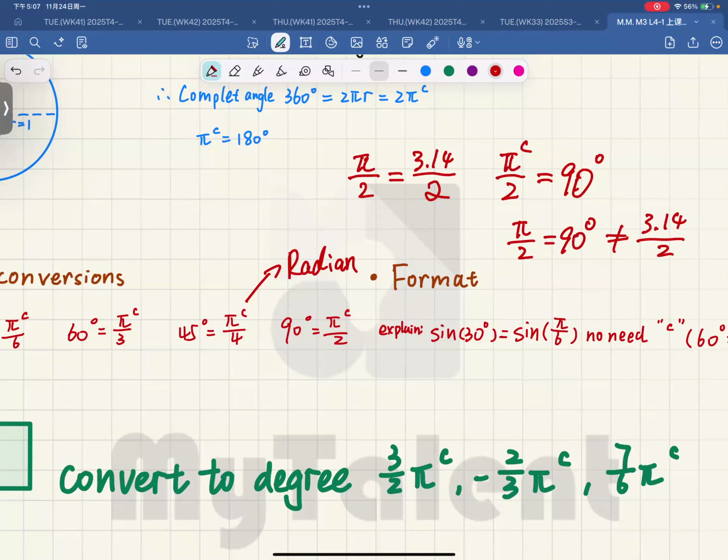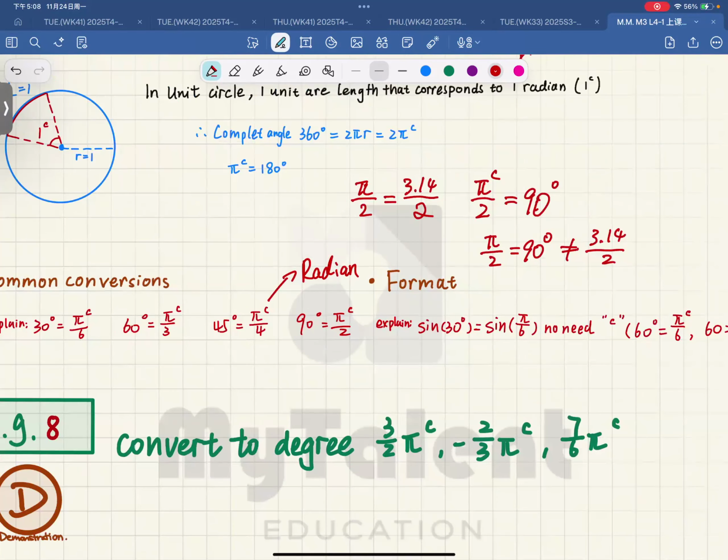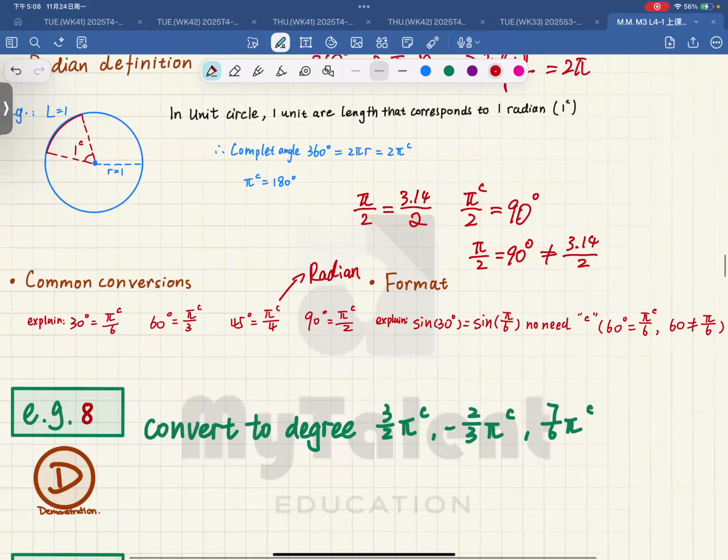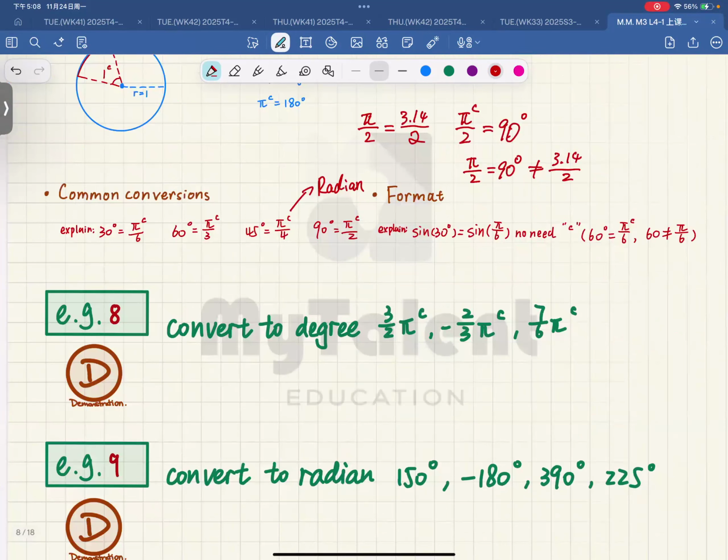So technically we don't need to write the C, but don't worry about it. It's just a format.